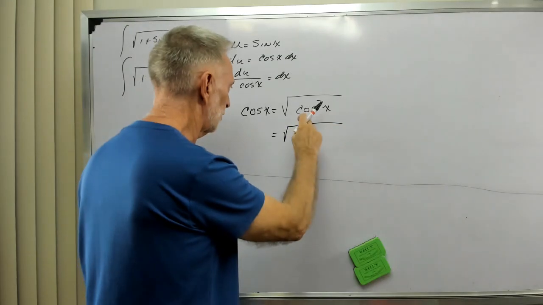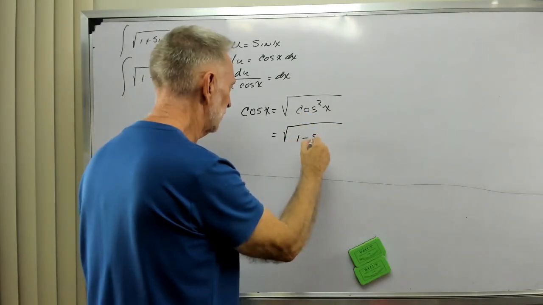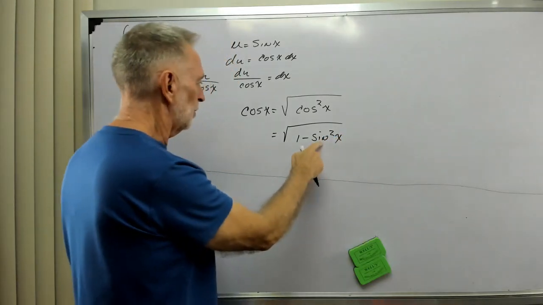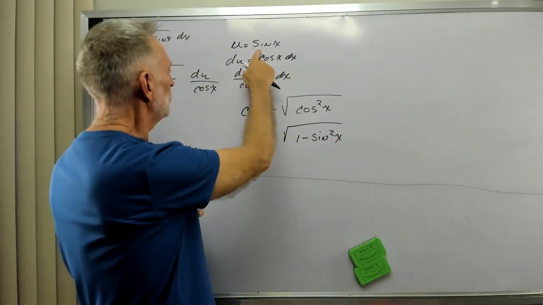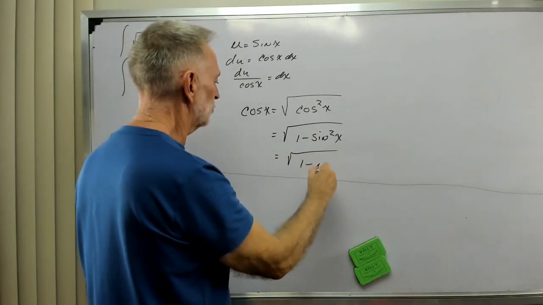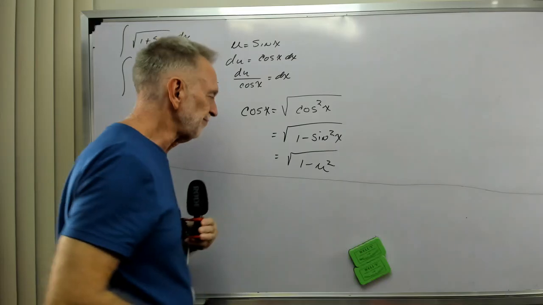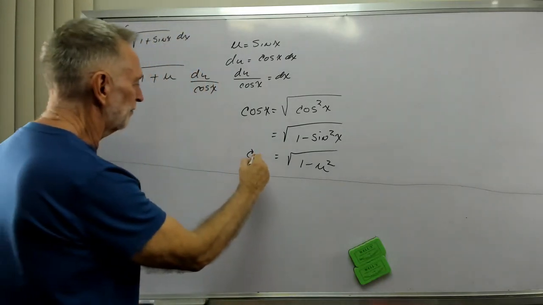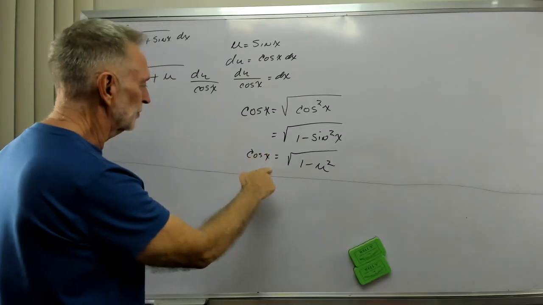That's the square root of 1 minus sine squared x. Well, what was sine x? That was u. So that's the square root of 1 minus u squared. And that, my friend, is cosine x.